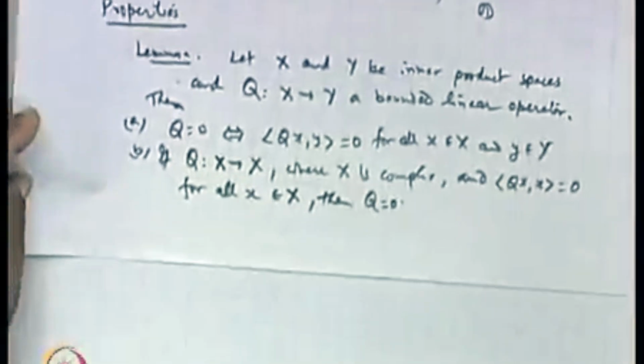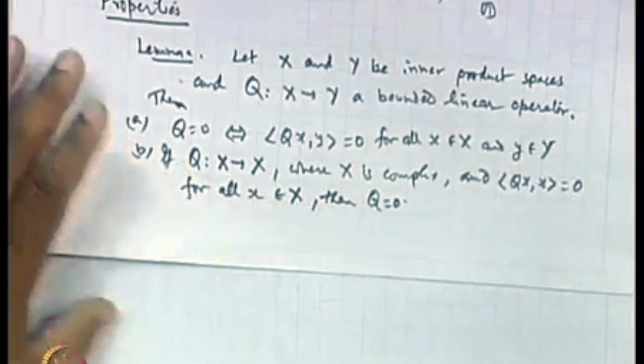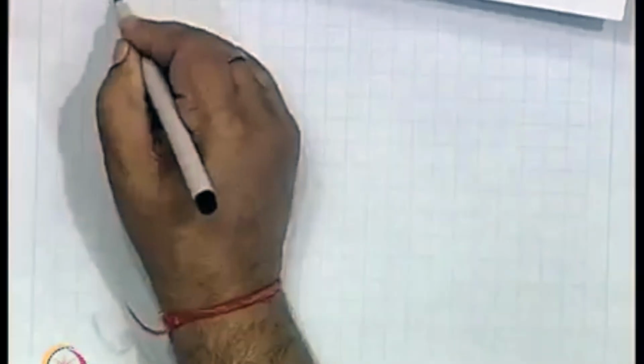So the first part is of course very simple. If we look at the proof for the first, what is given is that Q is the 0 operator.